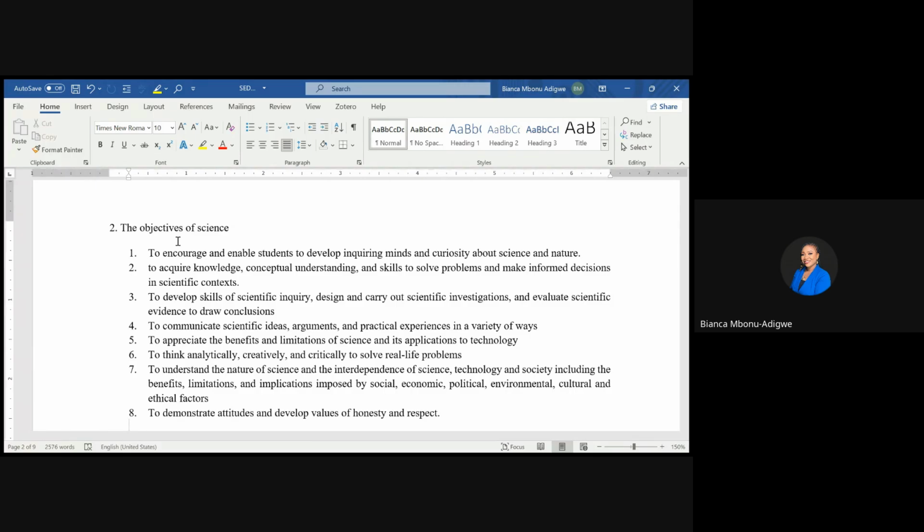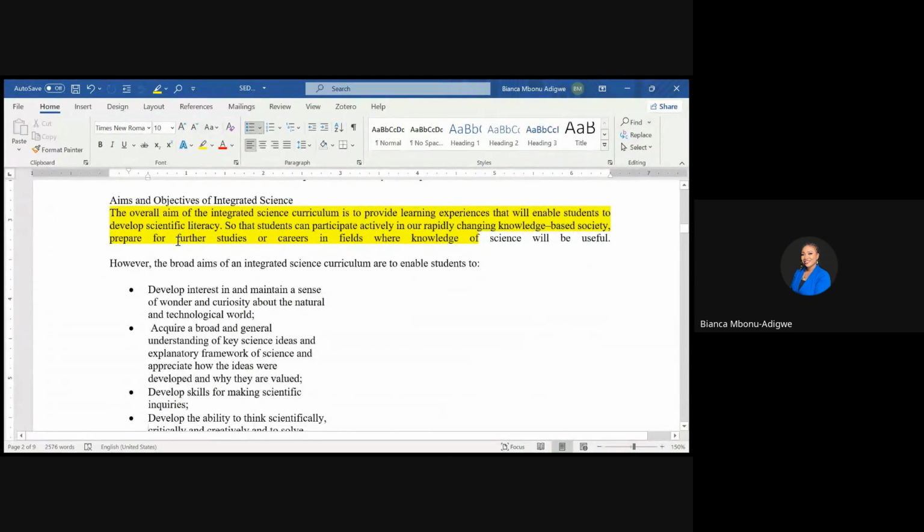These are the reasons I gave you, the objectives of why we teach science. And then I gave you the overall aim of integrated science. Why do we have an integrated science curriculum? I mentioned that it is to provide learning experiences that will enable students to develop scientific literacy.